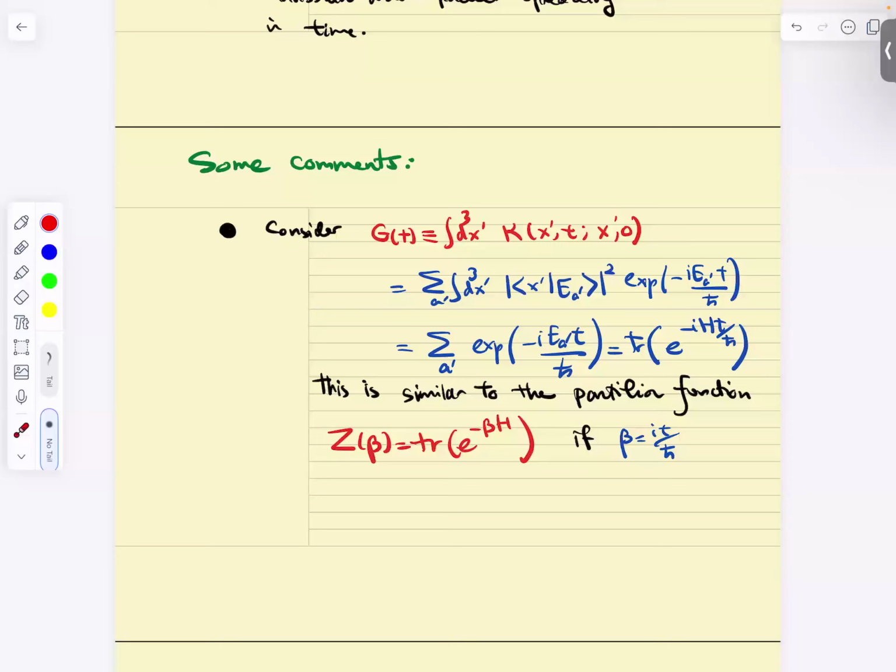Now, if I replace it over h bar with beta, it becomes like a partition function. What I'm telling you is a very, very deep statement. I leave it to you to think about it. There is a connection between quantum mechanics in d space dimensions and classical physics at finite temperature in d+1 dimensions.